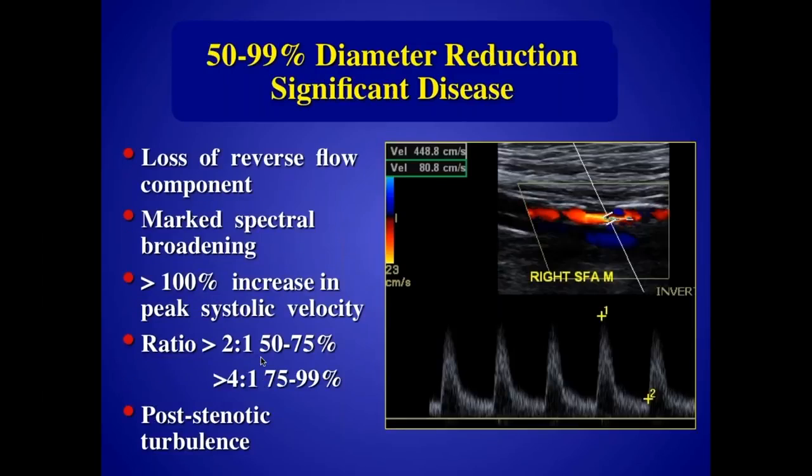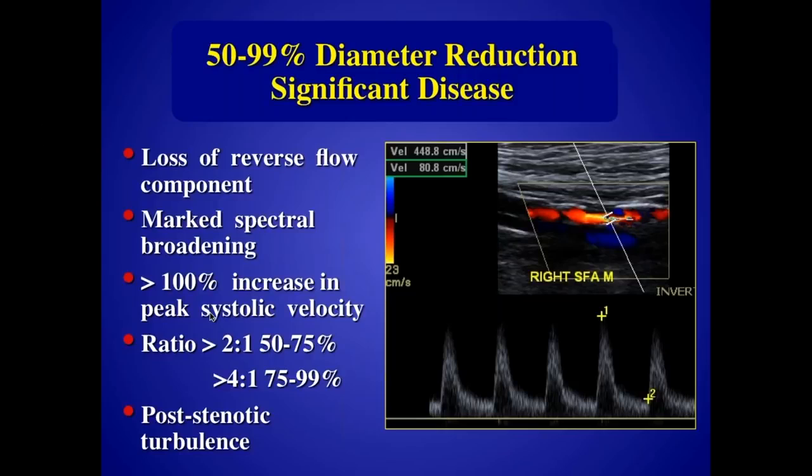Notice that the waveform maintains its triphasic appearance. And that's really important because the triphasic waveform will distinguish whether you have a mild or moderate lesion or a severe stenosis. And so when you have a significant lesion, a severe flow-reducing stenosis, which we characterize as greater than 50% narrowing, we have a change in the waveform shape.